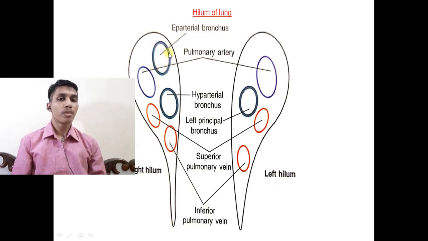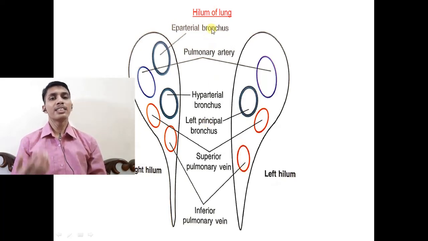Here there are four structures: the eparterial bronchus, then the pulmonary artery, the hyparterial bronchus, and the inferior pulmonary vein, and here only three structures: the pulmonary artery, then the left principal bronchus, and the inferior pulmonary vein.